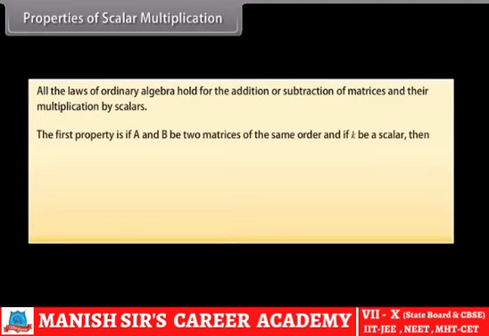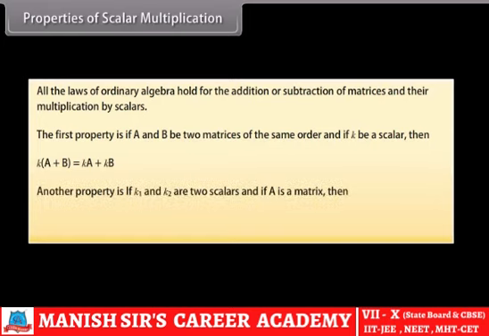The first property is, if A and B are two matrices of the same order and K is a scalar, then K times (A plus B) is equal to K times A plus K times B. Another property is, if K1 and K2 are two scalars and A is a matrix, then (K1 plus K2) times A is equal to K1 times A plus K2 times A, and K1 times (K2 A) is equal to K2 times (K1 A).